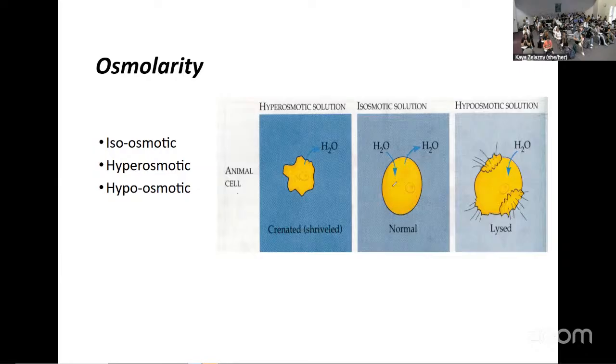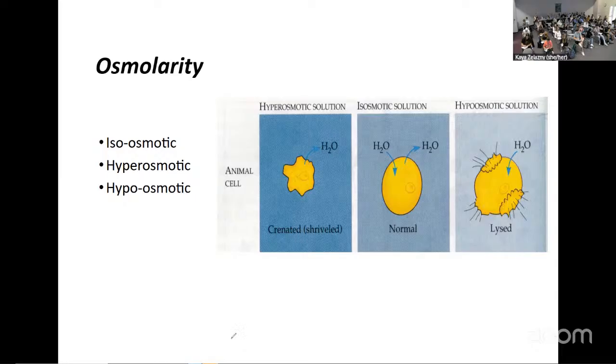You might have some moving in, you might have some moving out, but they'd equal each other out. We refer to this situation as isoosmotic, right? Iso is like same. So if we were at 300 milliosmoles, both inside and outside, that would be an isoosmotic situation. That would be an isoosmotic solution outside our cell.